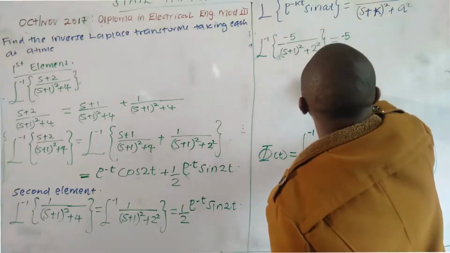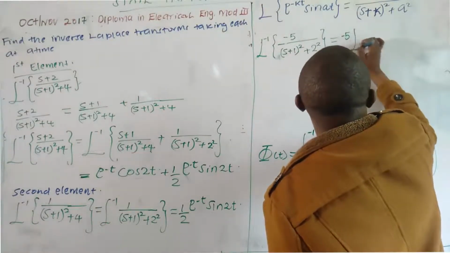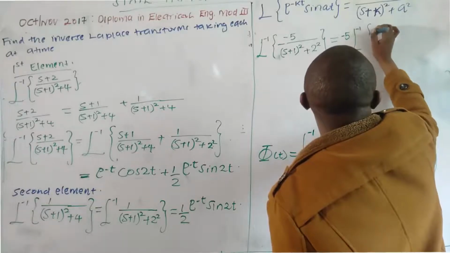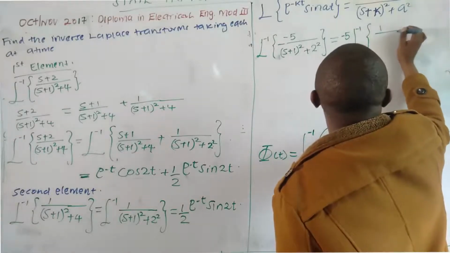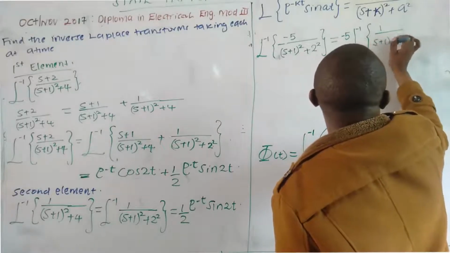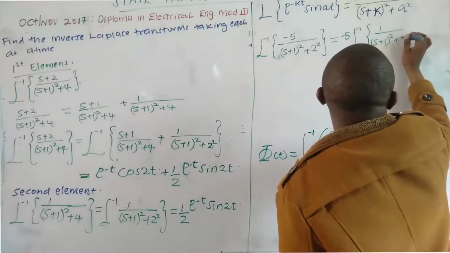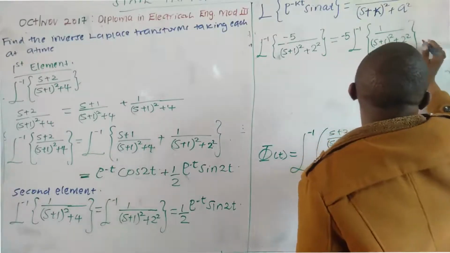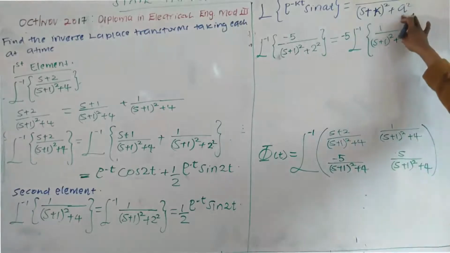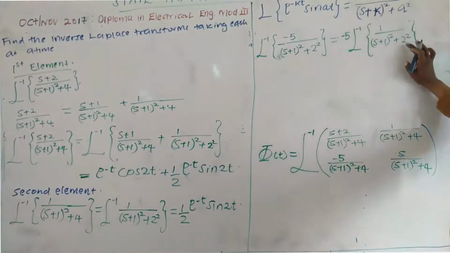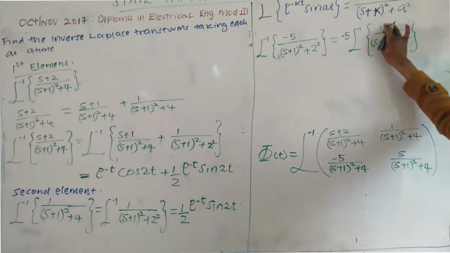I will factor out the negative 5. Inverse Laplace transform of 1 over s plus 1 squared plus 2 squared. Again, if you have a squared here, we have a. If you have 2 squared here we should have 2. But we don't have it. Why?